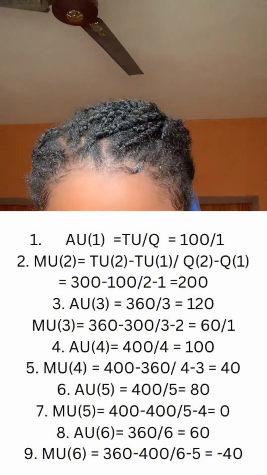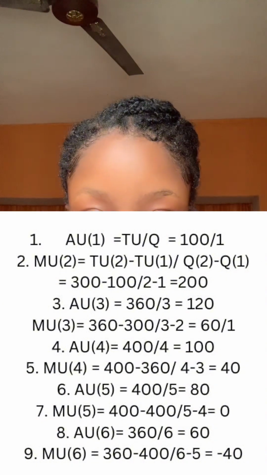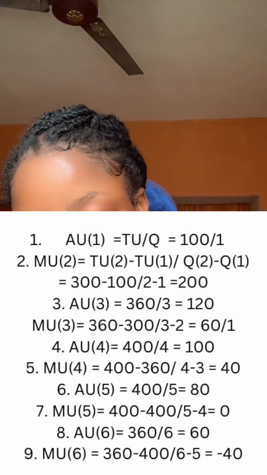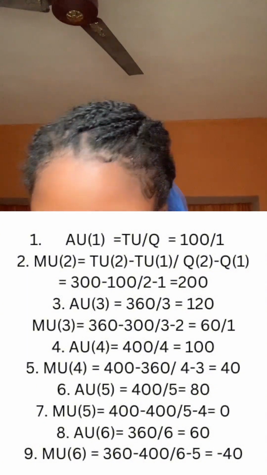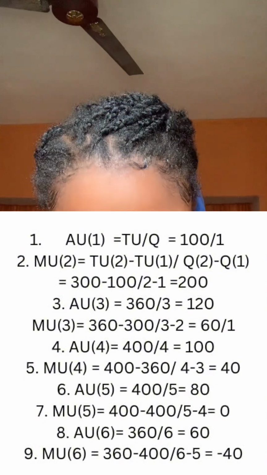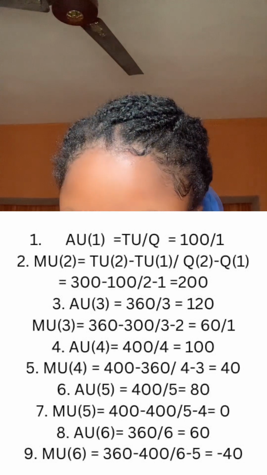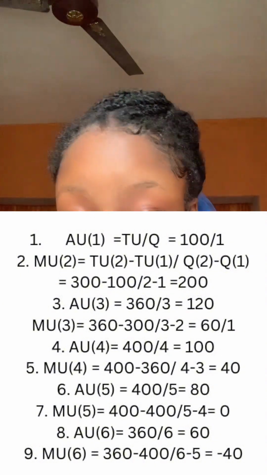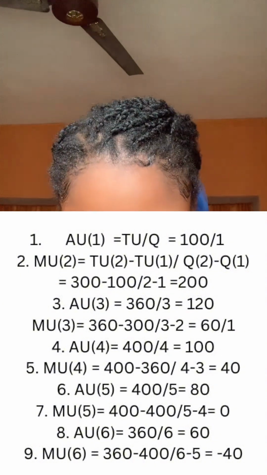Example, let's look at marginal utility when the quantity was at 2. We have marginal utility for quantity 2 would be equal to total utility 2, that is TU2, minus total utility 1, that is TU1, over quantity 2 minus quantity 1.